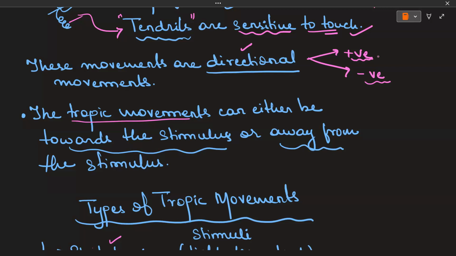You provided a fence and the tendril wrapped around the fence. That is towards the stimulus, so it is positive. If it is away from the stimulus, then it is negative. Got it? Yes, ma'am.